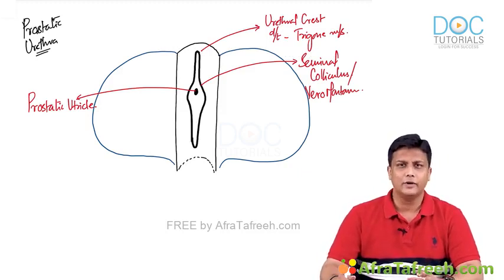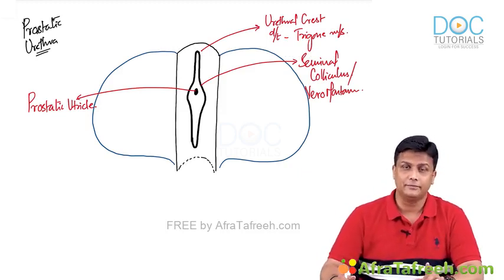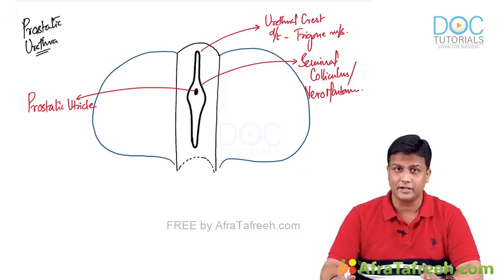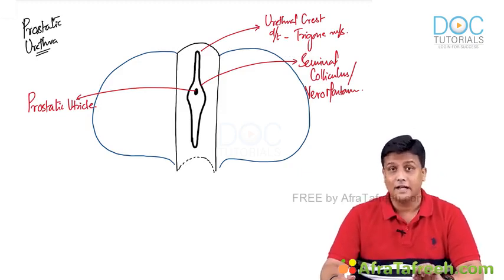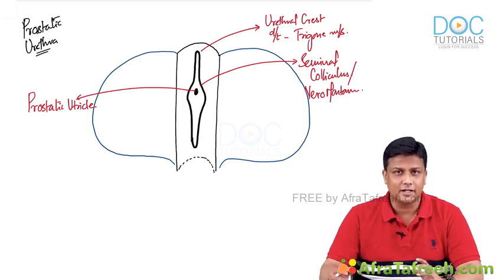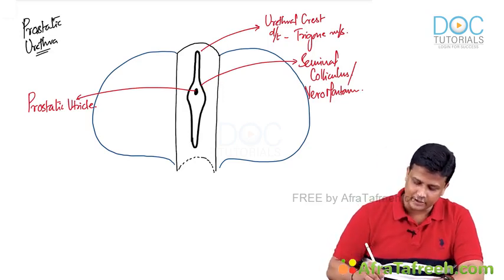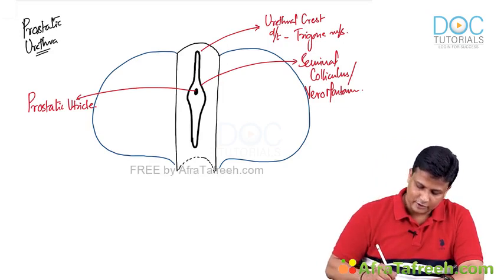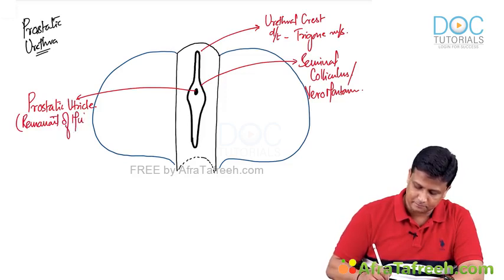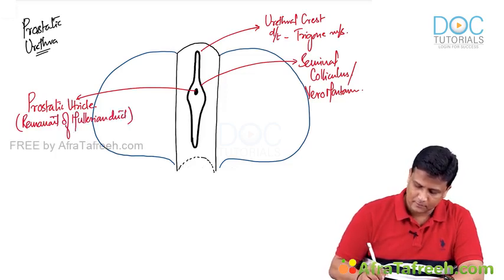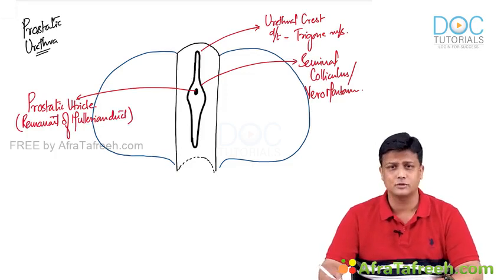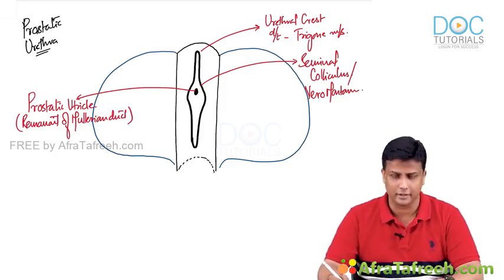Normally, the Mullerian duct forms the female genitalia. So what happens in the male? In the male, the Mullerian duct degenerates, remaining only as a remnant here, and that remnant is the prostatic utricle. So the prostatic utricle is the remnant of the Mullerian duct. I hope you all know the other name: it is also known as the paramesonephric duct.